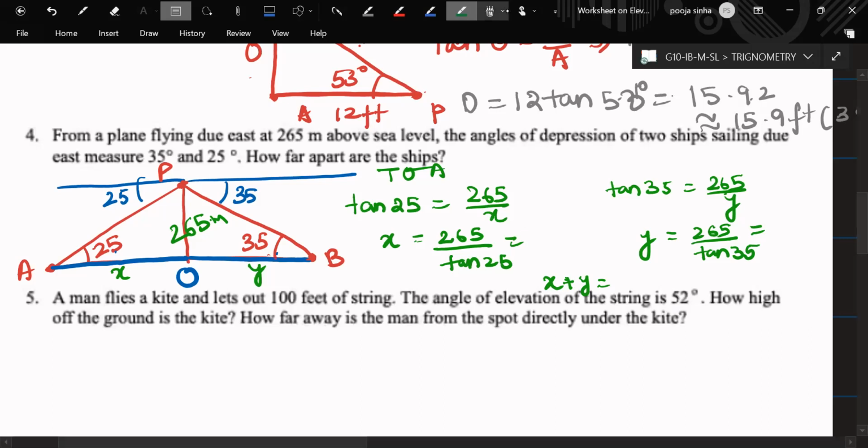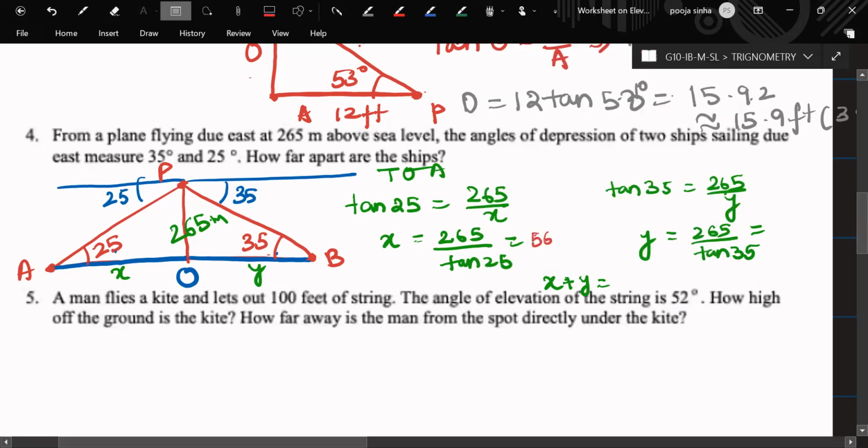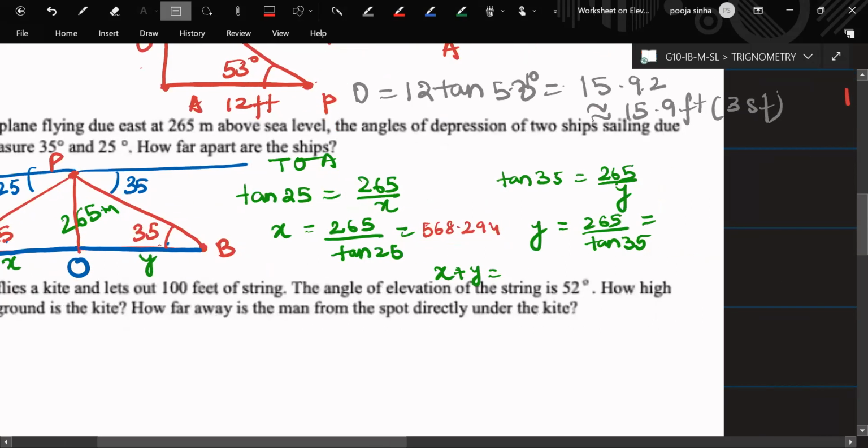Okay. And y? y is equal to 378.459. Both in meters. Yeah. What is the total answer? One second.